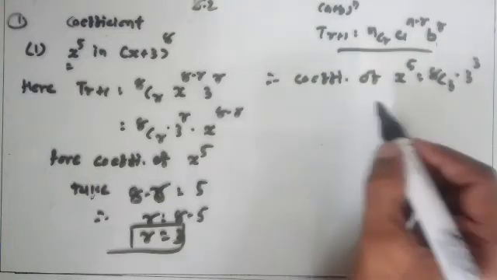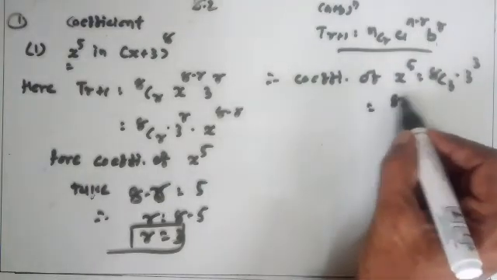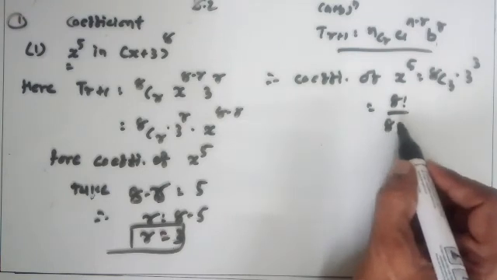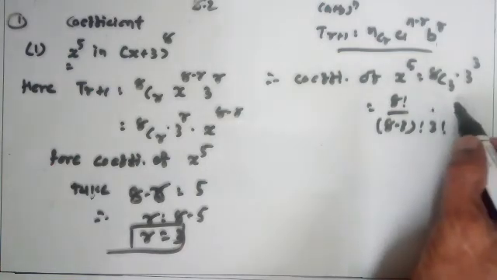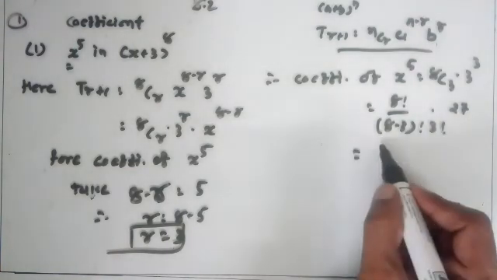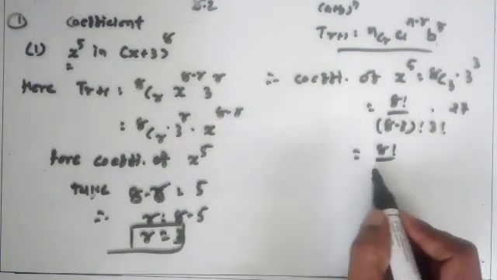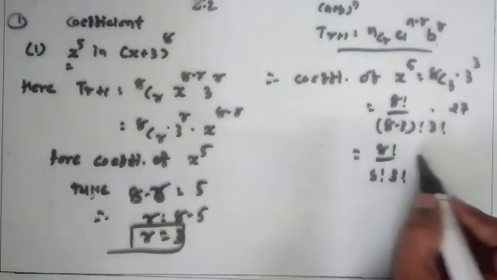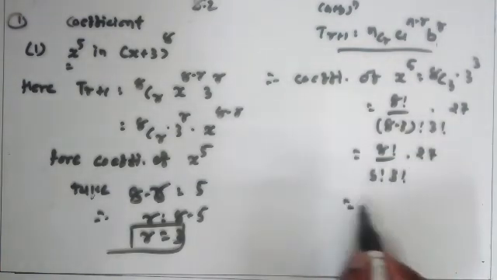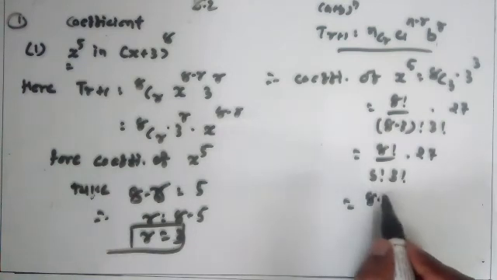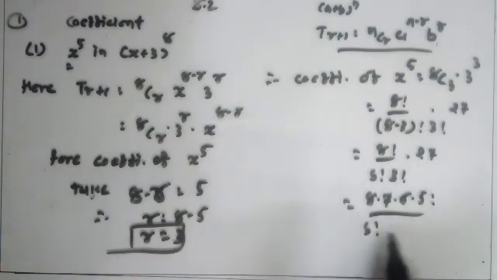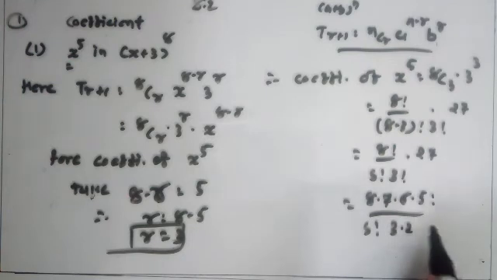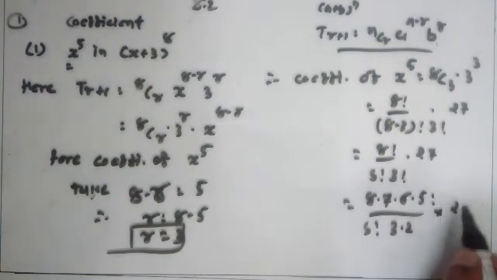Clear? So it is equal to 8C3, which is 8 factorial upon 8 minus 3 factorial into 3 factorial into 3 raised to 3, that is 27. So 8 factorial upon 5 factorial into 3 factorial into 27, which is 8 into 7 into 6 into 5 factorial upon 5 factorial into 3 into 2 into 1 into 27.